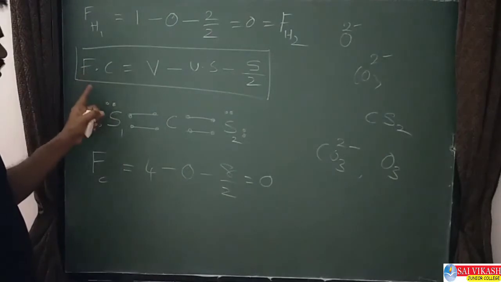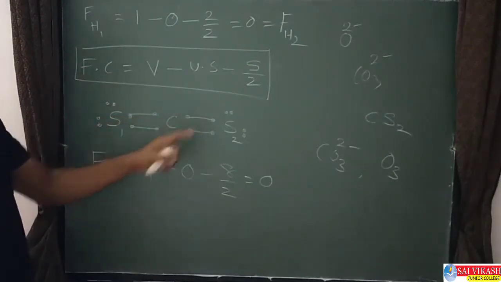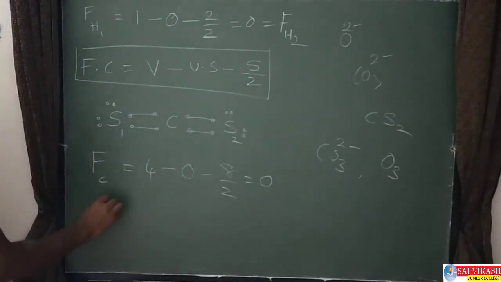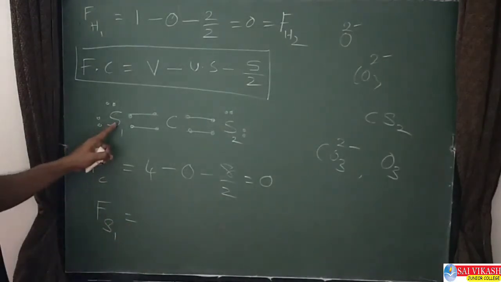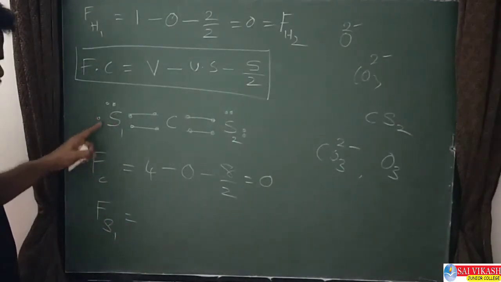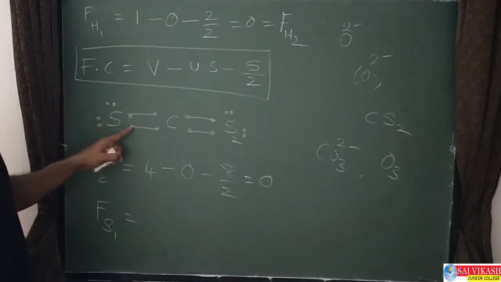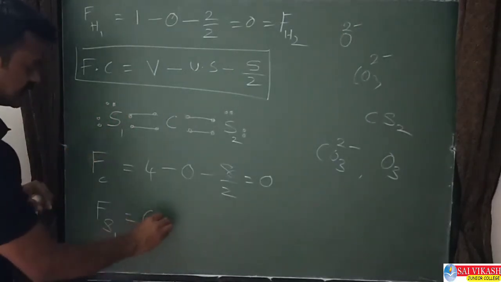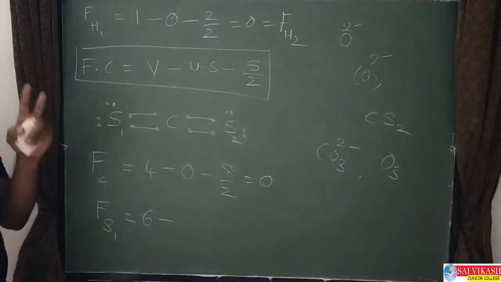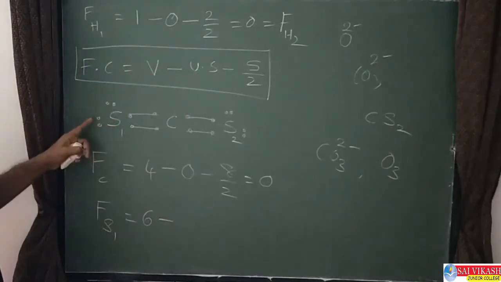Similarly, find the formal charge of sulfur 1 and sulfur 2 also. Formal charge of sulfur 1. How many sulfur valence electrons, tell me? 1, 2, 3, 4, 5, 6 valence electrons. Sulfur minus number of unshared. Yes, there are unshared electrons. 1, 2, 3, 4.